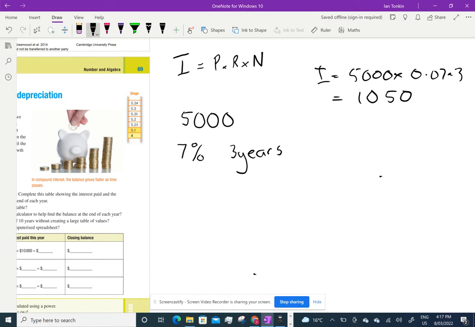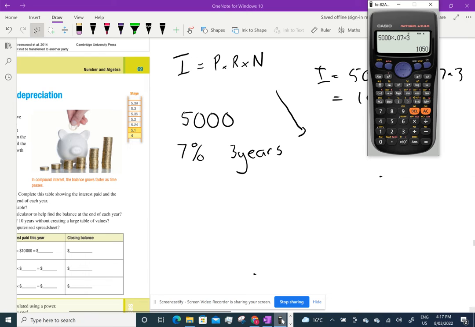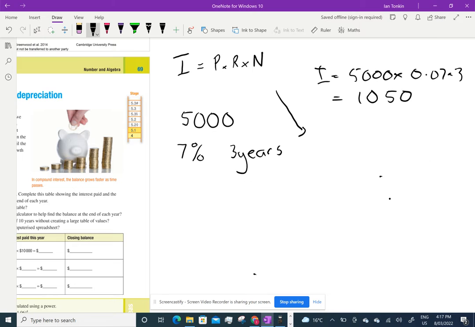Now, what that is doing is adding the 7% each year. Well, what is that 7%? Well, if I get my calculator back and go backwards and divide that by 3, I get 350.